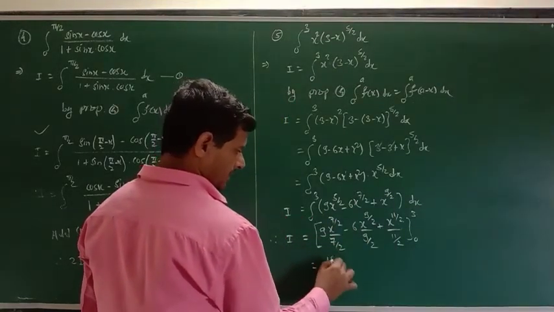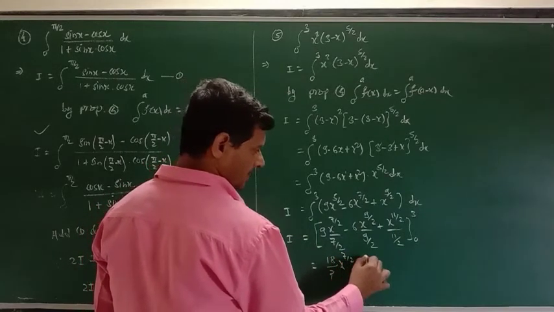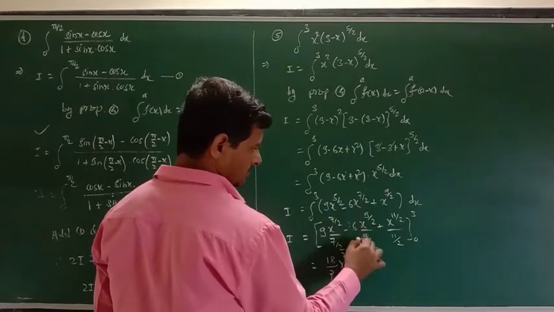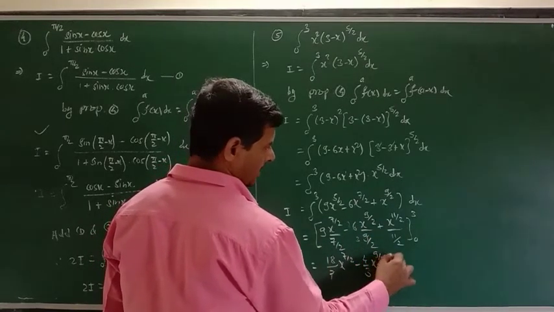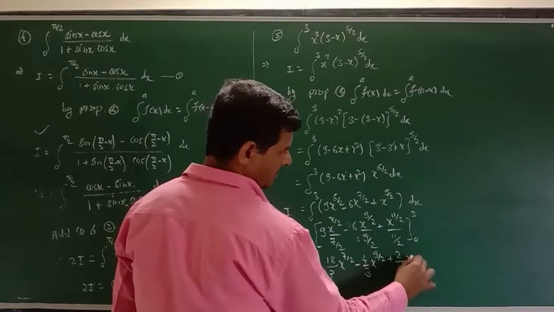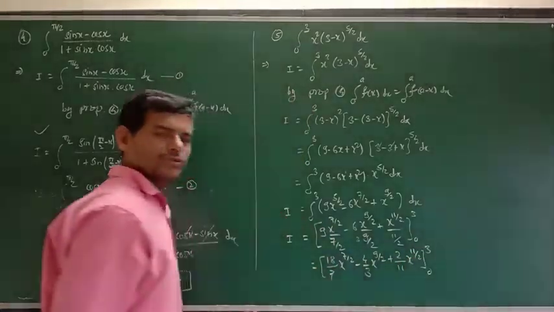So it is 18 by 7 x raised to 7 by 2 minus 4 by 3 x raised to 9 by 2 plus 2 by 11 x raised to 11 by 2. Leave it from 0 to 3.